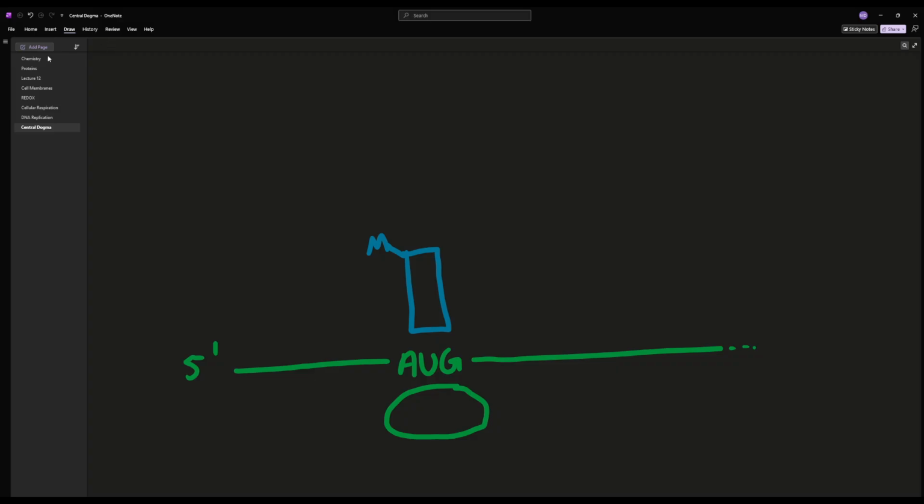Okay, once our tRNA binds, we get the condensing down of the large subunit. So the large subunit sort of looks like that. It's going to condense down, and it has 3 primary sites. We have the A site, the P site, and the E site.